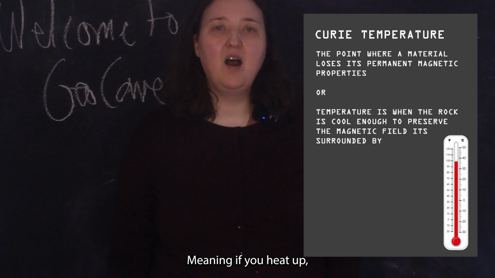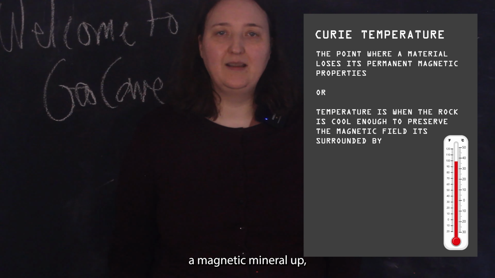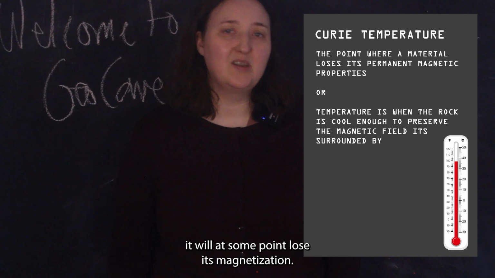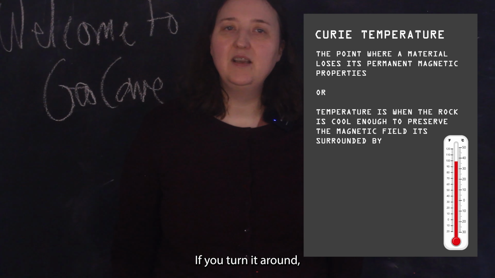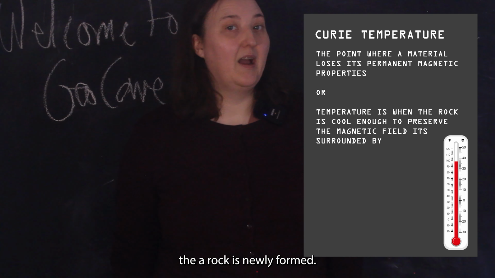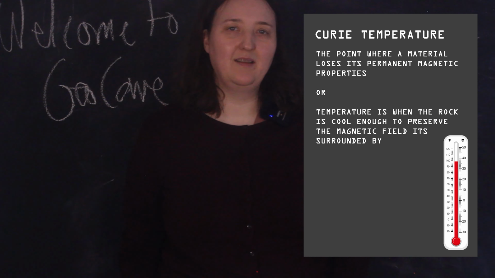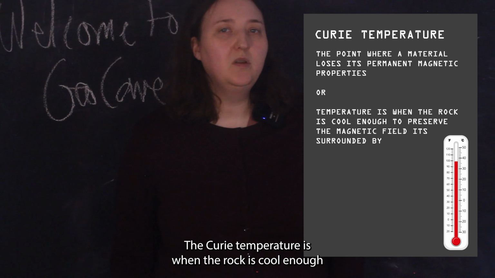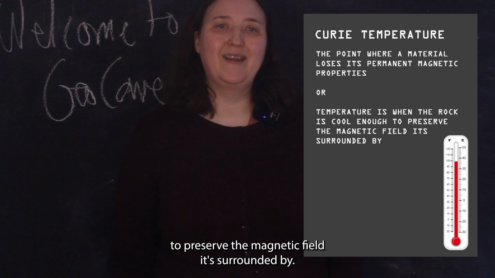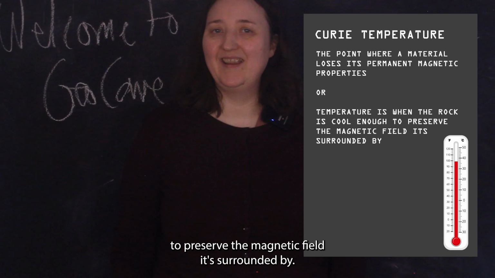Meaning, if you heat up a magnetic mineral, it will at some point lose its magnetization. If you turn it around and a rock is newly formed and very hot, the Curie temperature is when the rock is cool enough to preserve the magnetic field it's surrounded by.